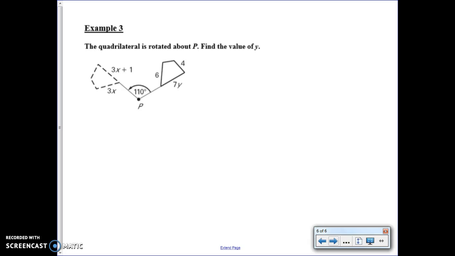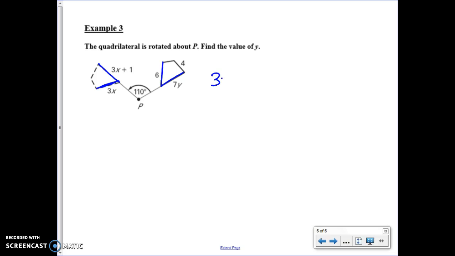Okay, so knowing that it's an isometry, if we have rotated the figure, then we should be able to match up the pieces and solve for y is what this is asking for. But I noticed that 7y seems to match up with 3x plus 1. I don't know what x is, so I'm going to start over here with 3x and 6.